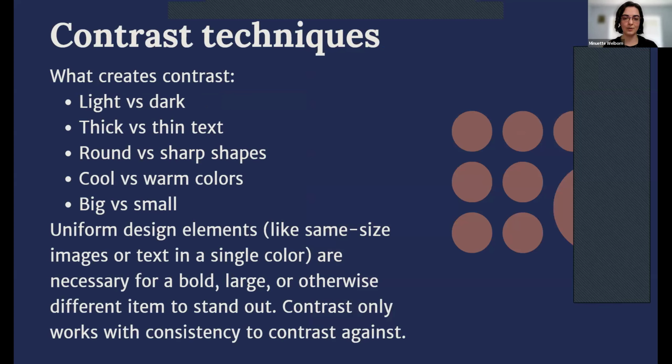So those uniform design elements, they can be the same size, the same color, whatever is different is going to stand out, but that does mean you need things that are the same. So don't think that everything needs to stand out. Don't think that all the space needs to be filled, because in order for stuff to stand out, you need that blank space. You need that uniformity.